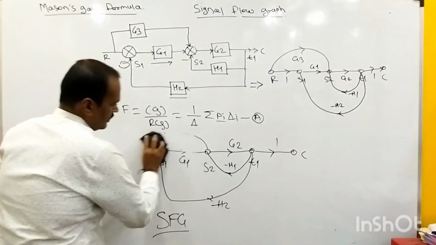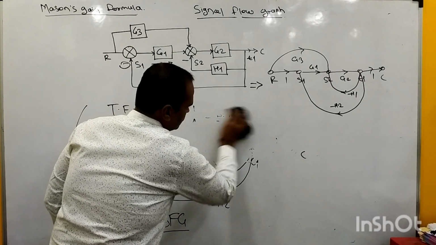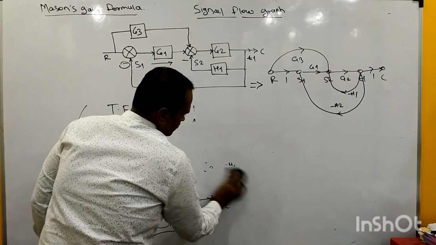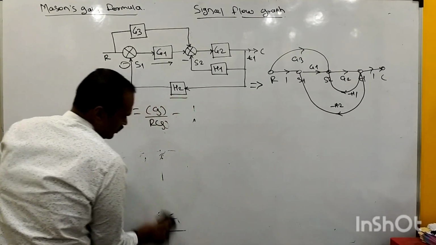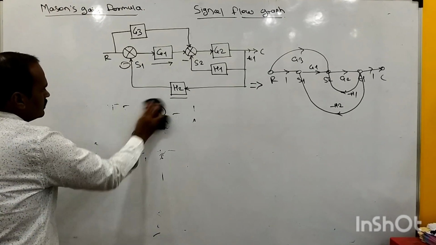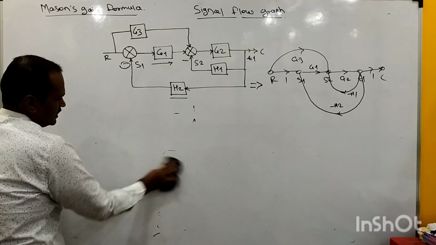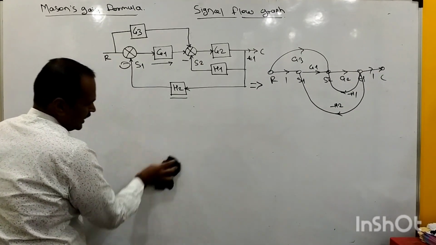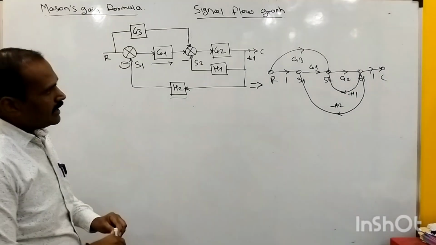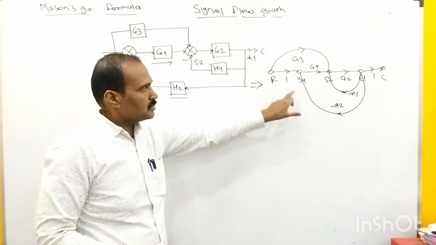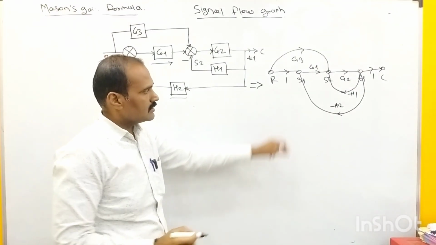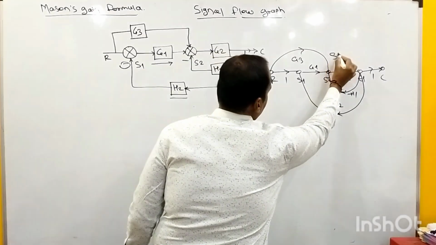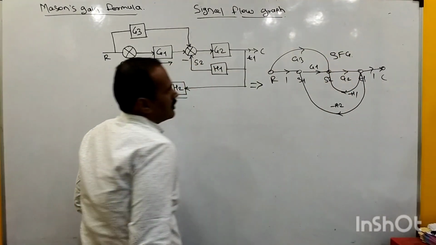So here I will redraw this diagram as well as this Mason's gain formula, because we need to determine the overall transfer function of this system, which was represented as a block diagram and is now converted into its equivalent signal flow graph representation. So this is the targeted signal flow graph, SFG, we can say, right?